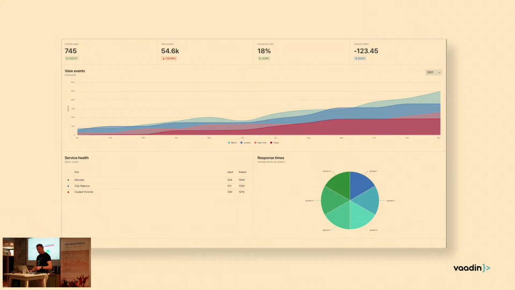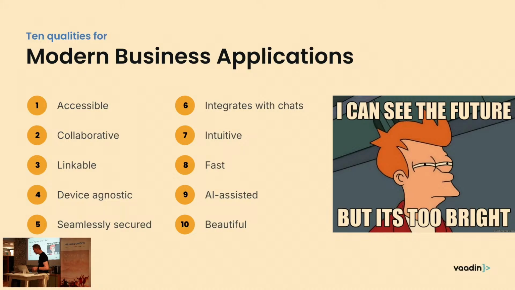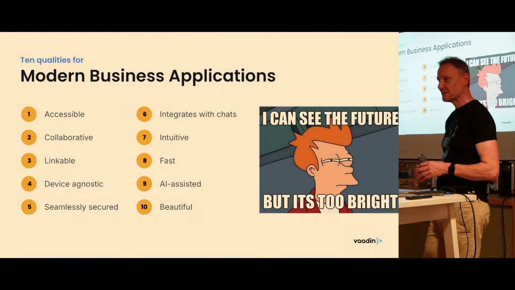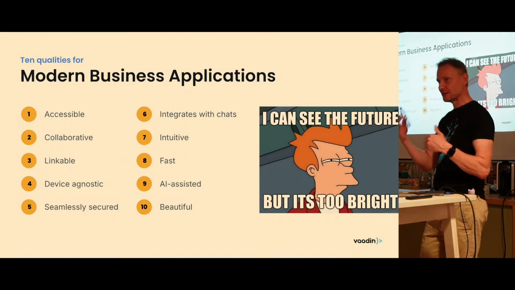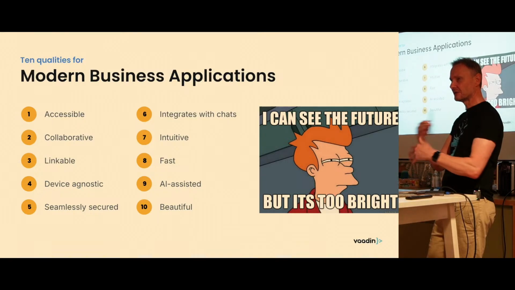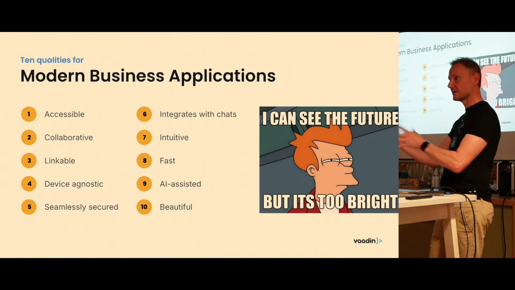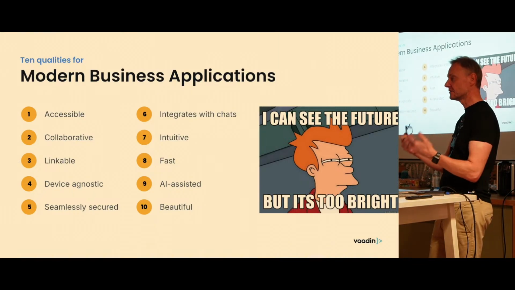But this is the history. We are on the verge of the future all the time. So we did a small workshop in the company, and we tried to think a little bit further about where we think the world is going in web applications, or exactly in business web applications, those which are inside the companies, not in the public internet.